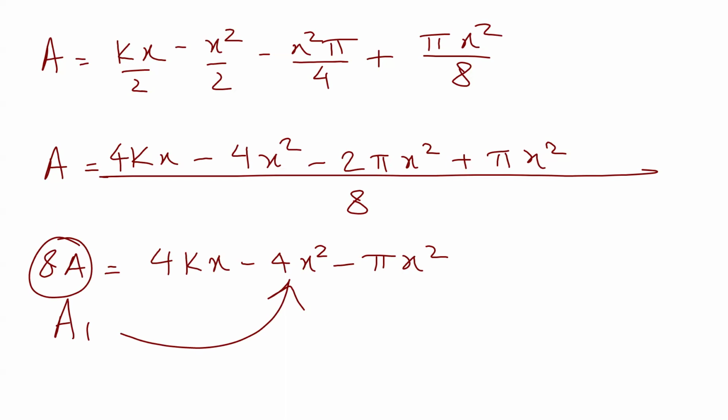Can someone tell me what is the next step? Anyone? Derivate. Correct. How many times you have to derive? Twice. So a1 dash is equal to 4k minus 8x minus 2 pi x.